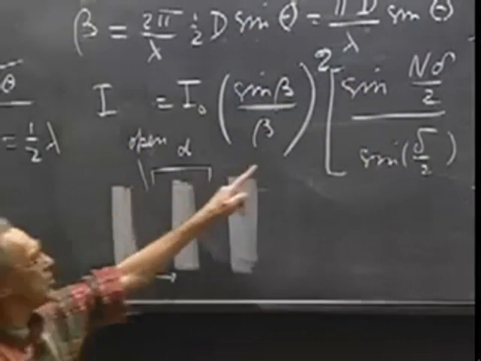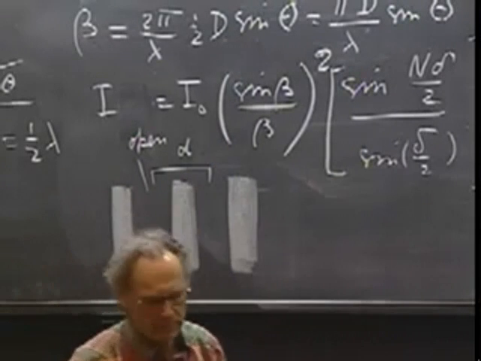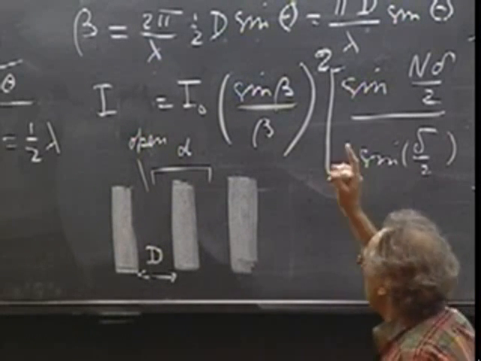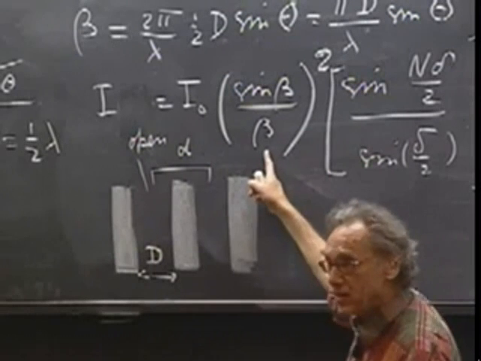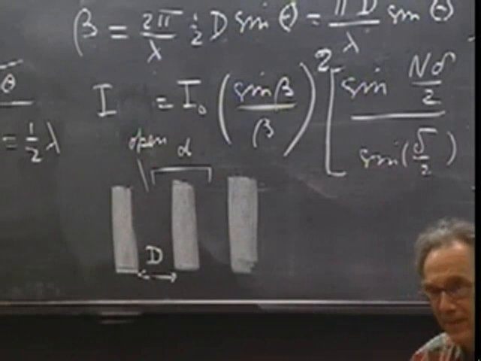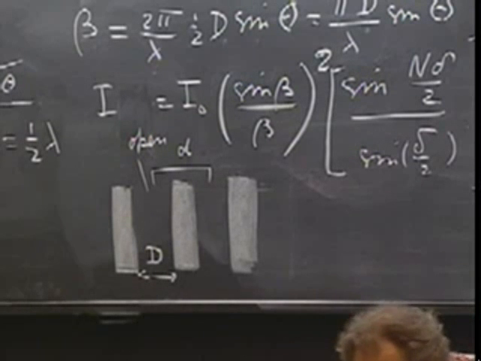And that little d shows up in here, and this capital D shows up in there. So this is the single slit diffraction, and this is the multiple slit interference. There you see again, we make the distinction in wording, but it has no meaning because it's all diffraction, of course.